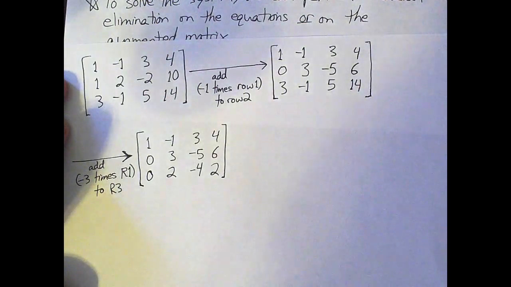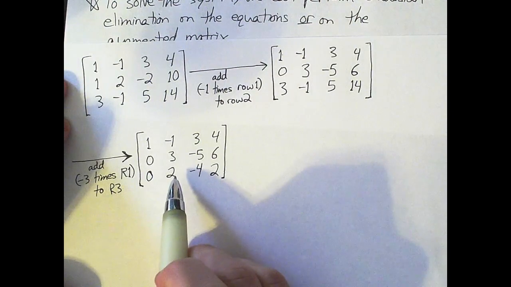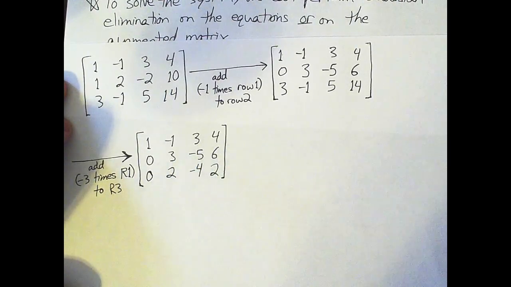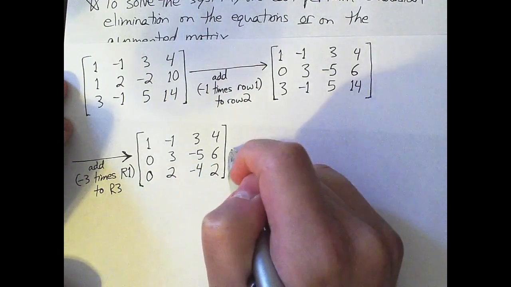Let's see, how should we do this? So it would be nice if we could get rid of this 2. You know what might make things easier? I noticed that everything in the third row is a multiple of 2. And we're allowed to multiply a row by a constant.